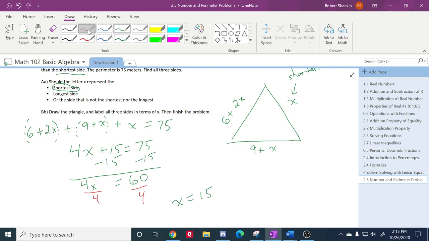So then I go back to my picture and I insert the 15. Now if I put a 15 right here, then this becomes 30, and then I get 36.